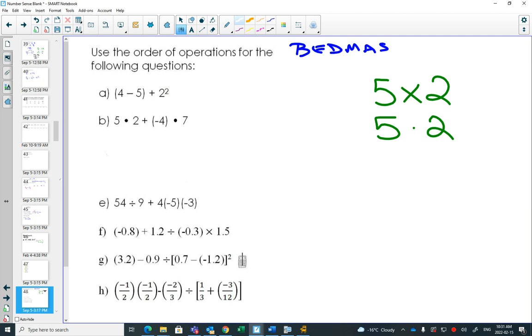Okay? Does anybody know another way that they've shown multiplying? Right beside each other. Like this in brackets. Why do they need brackets when they're right beside each other? So that you don't get confused with 52. Because if I wrote 52, you'd think 52, you wouldn't think 5 times 2. Okay?